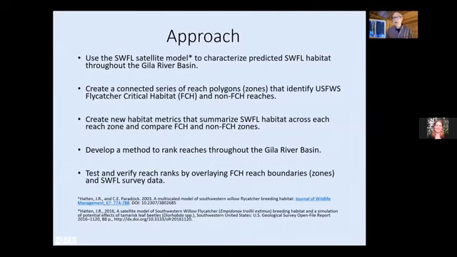And then we're going to compare it to the other reaches in the basin that are not flycatcher critical habitat. So we're going to use the flycatcher critical habitat reaches as training grounds for developing new habitat metrics that we will then apply in a rank model in order to see how many of those 7 original reaches we can correctly classify, as well as the remaining reaches in the basin.